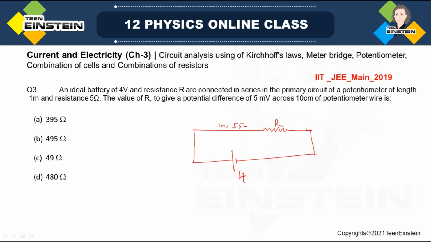It has 4 volt voltage. The question asks the value of capital R to give a potential difference of 5 millivolt across 10 centimeter of potentiometer wire. See, I have to use the same resistor.